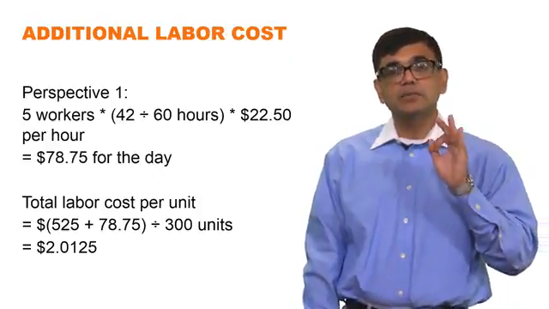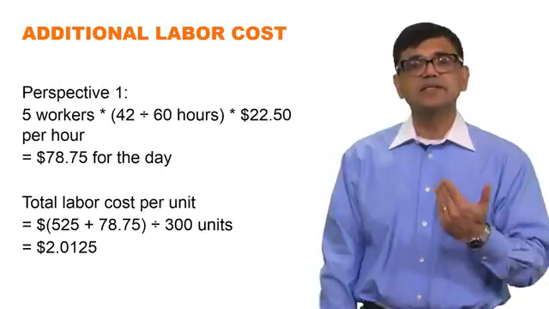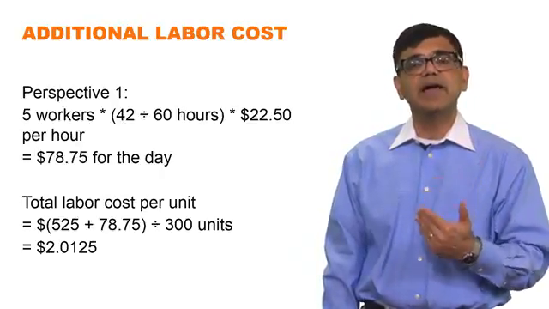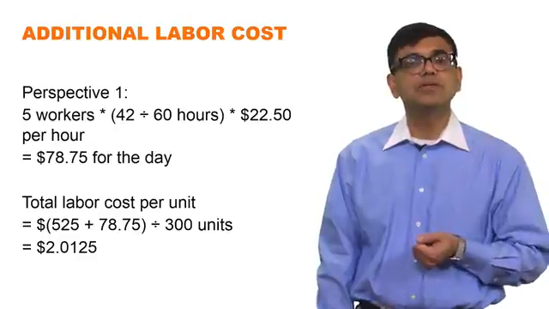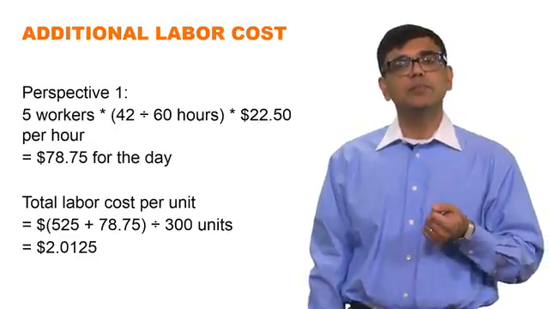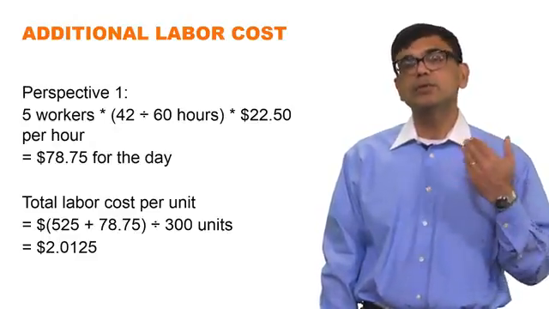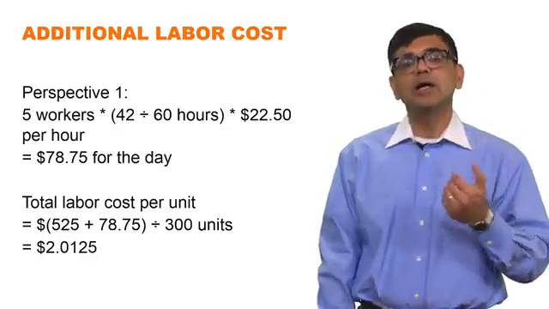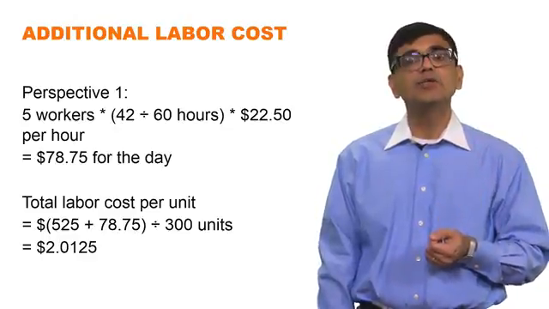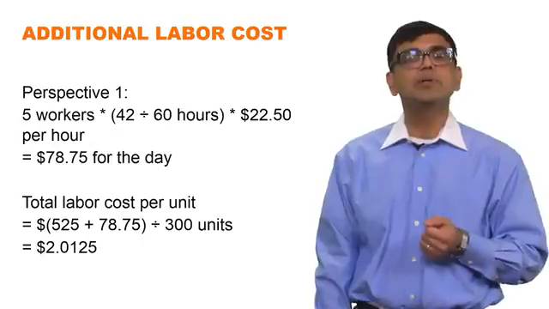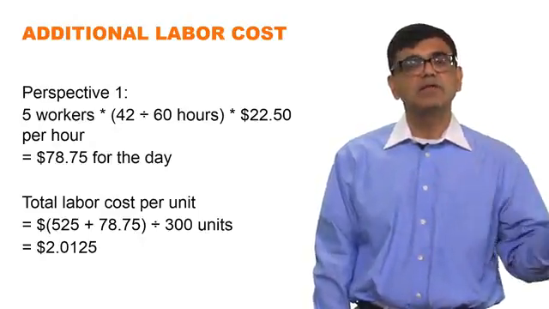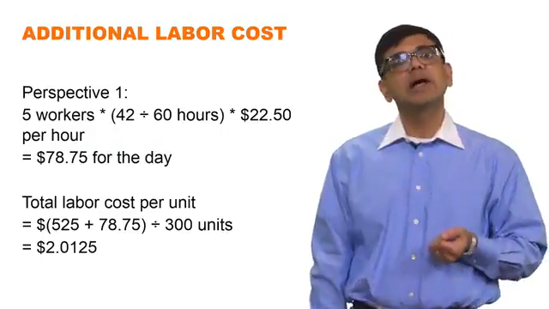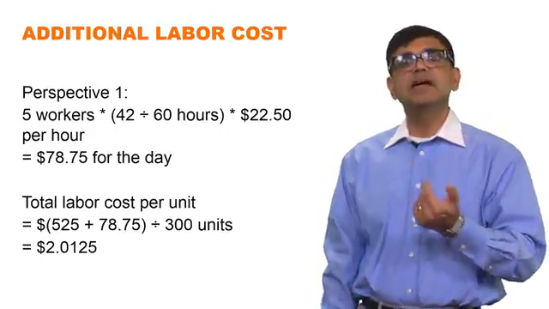All right, talking about the labor cost, this is simply taking the idea that every additional minute is going to cost you at the rate of 22.50 per hour. So if you took perspective 1, you said that it takes 42 minutes. There were 5 people working, so 42 divided by 60 converts it into hours, 5 workers, and then you multiply by 22.50 because that's the overtime rate.